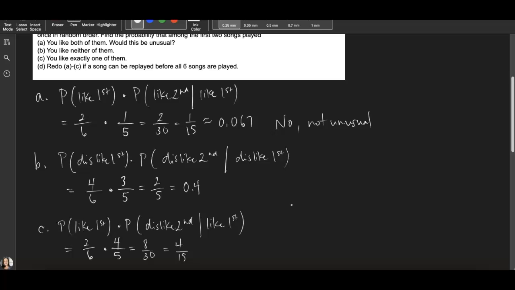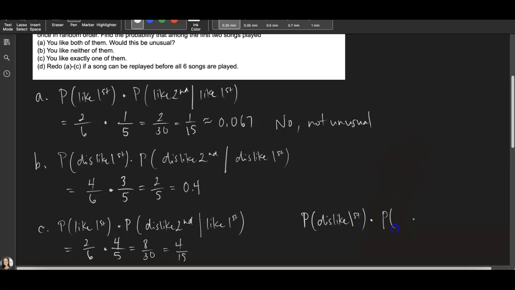But then there's a situation that that order is reversed. So what if we dislike the first song and we like the second song? Of course, given, remember that we dislike the first because it's already played.